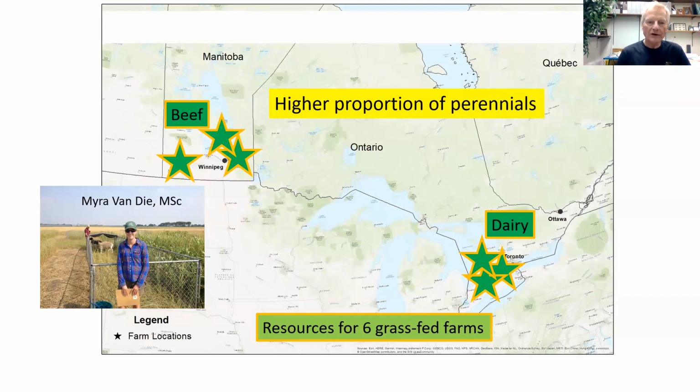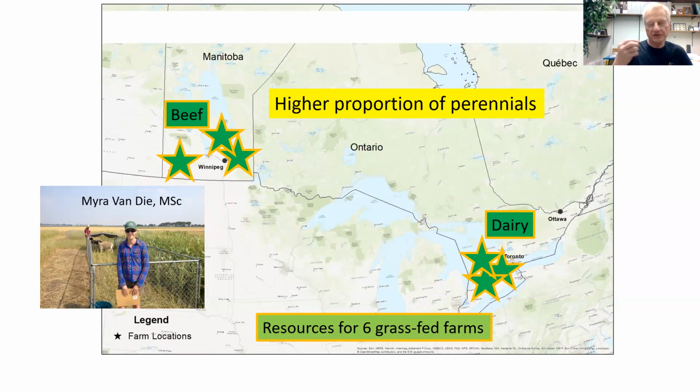And so what she did in her master's was to study these farms, dairy farms in Ontario, beef farms on the prairies, and found that these farmers had taken their land base and optimized its use through growing perennials and then producing livestock products. And those products happened to be certified organic and certified grass-fed.